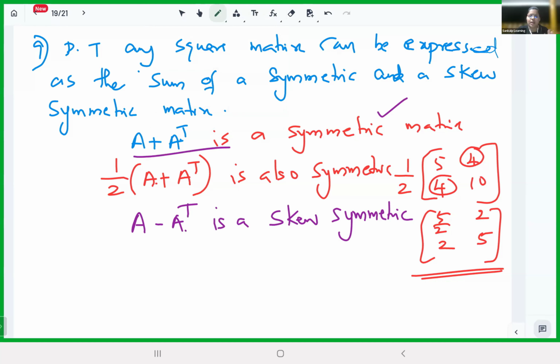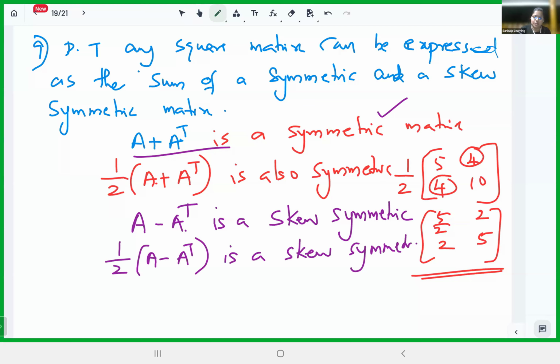And then you write half of A plus A transpose is a symmetric matrix. Similarly, you should add the proof that A minus A transpose is a skew symmetric matrix also. Then if you take half of A minus A transpose, this is also a skew symmetric matrix.